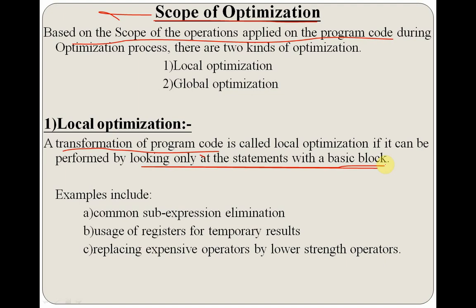So if you apply transformations on the basic block code only, and find the modifications within that basic block level only, that is called local optimization. Examples include common subexpression elimination, usage of registers for temporary results, replacing expensive operators by lower strength operators.